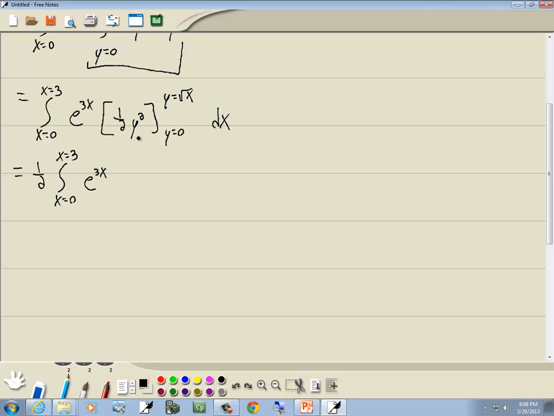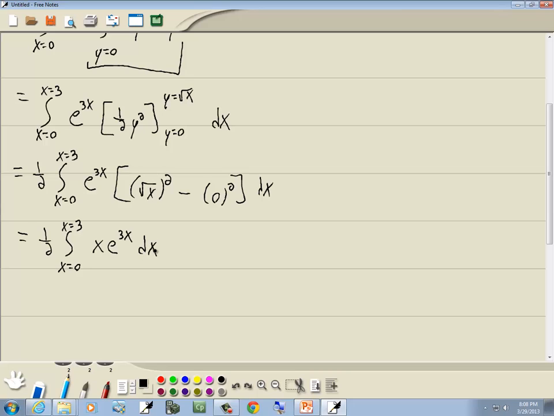Okay, so we're left with the y squared inside. So we're going to plug in these. I'll put the square root of x in for the y, so we got square root of x squared. Minus, I'll put 0 in for the y, so we got 0 squared. Of course, the 0 squared drops away. And when you square the square root, they cancel each other away. So we're left with x e to the 3x dx.